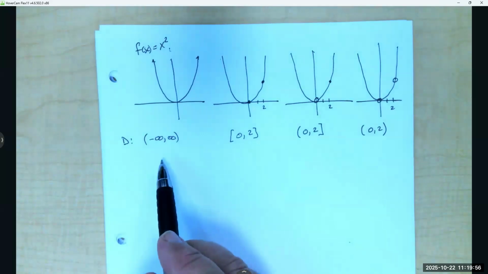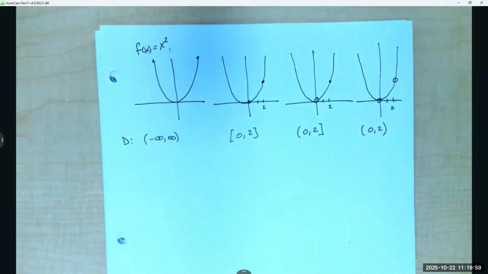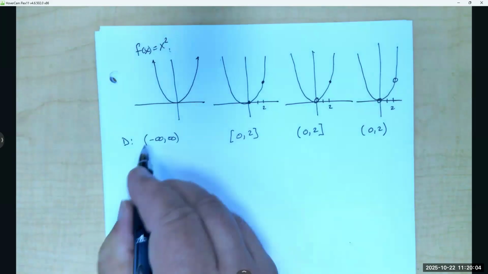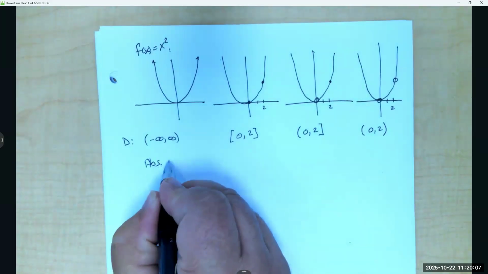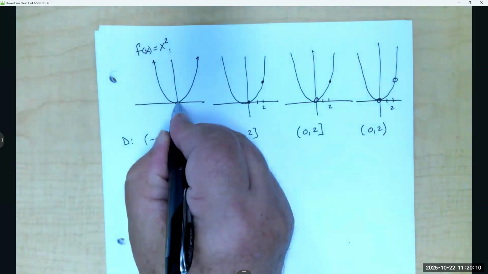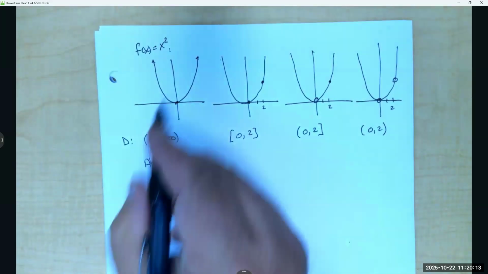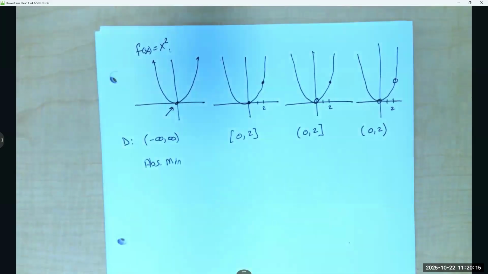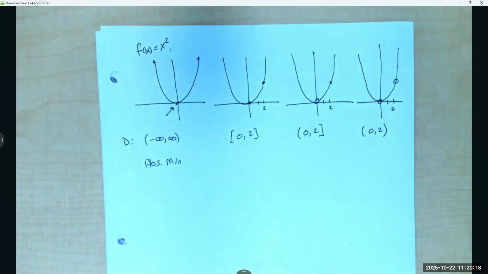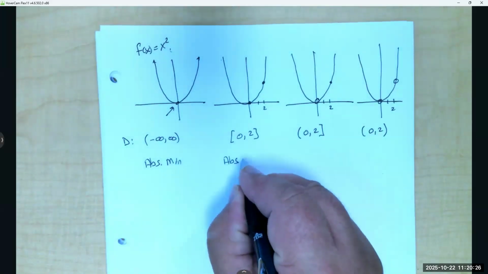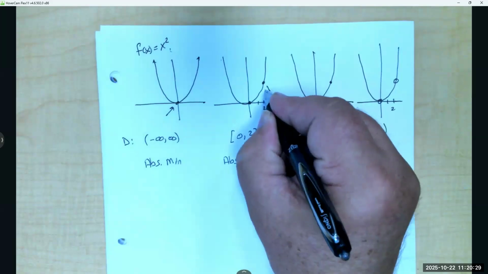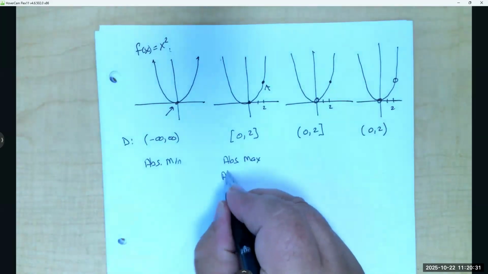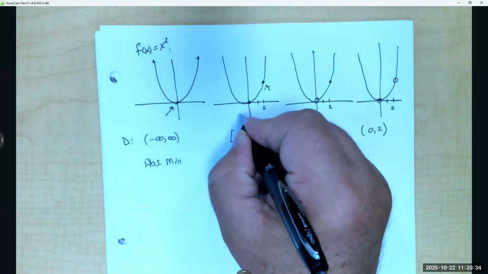In the first one, do we have an absolute max or min? Which one? Or both? Right, so we have an absolute min right here. It's the lowest point. How about the next one? What do we have there? Yep, we have an absolute max right there, and we have an absolute min right there.